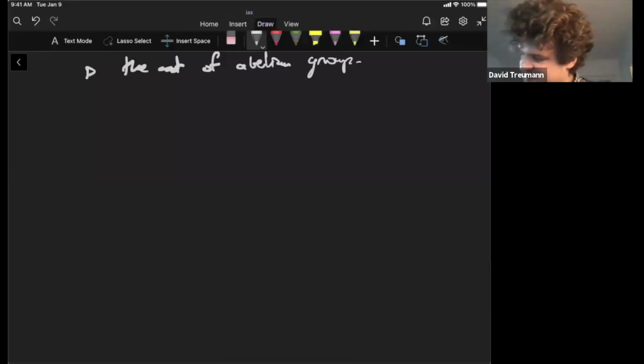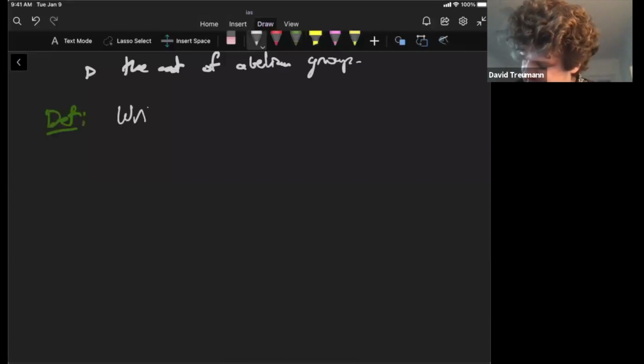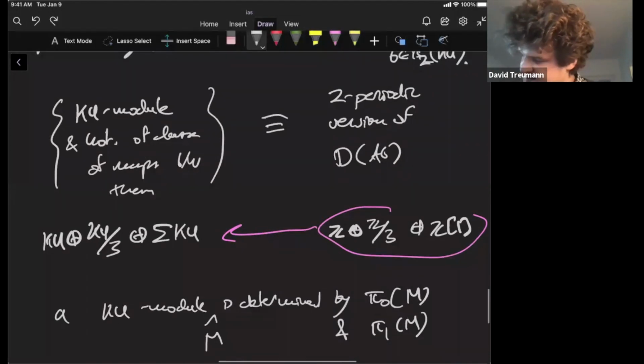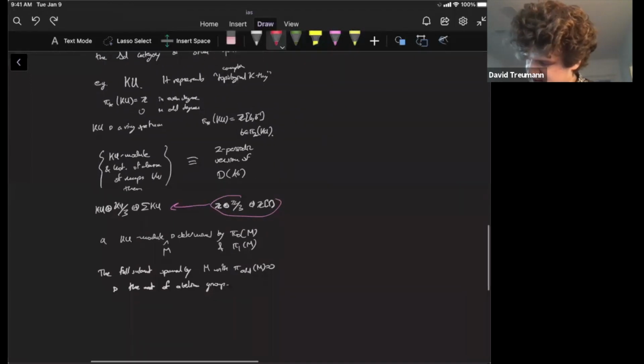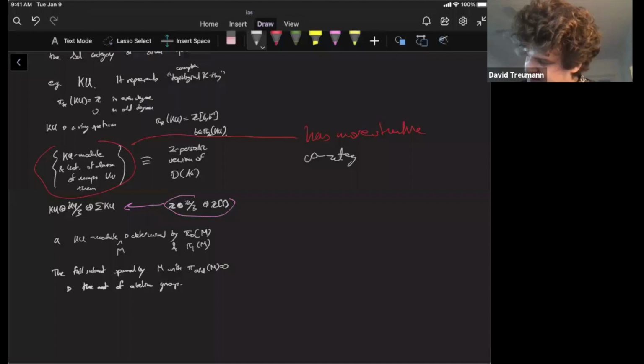Okay, so just a definition. But the left-hand side of this has more structure. It has kind of infinity categorical structure.